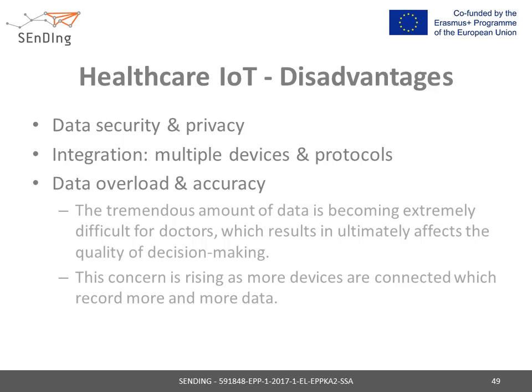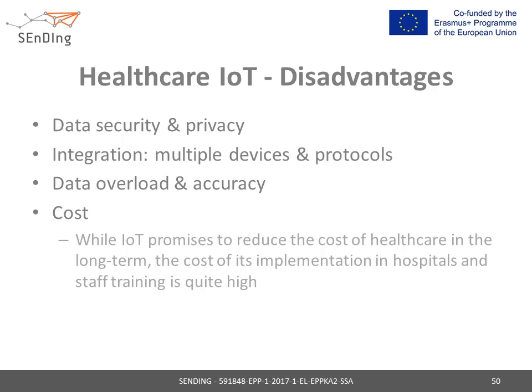Moreover, this concern is rising as more devices are connected which record more and more data. Cost. While IoT promises to reduce the cost of healthcare in the long term, the cost of its implementation in hospitals and staff training is quite high.